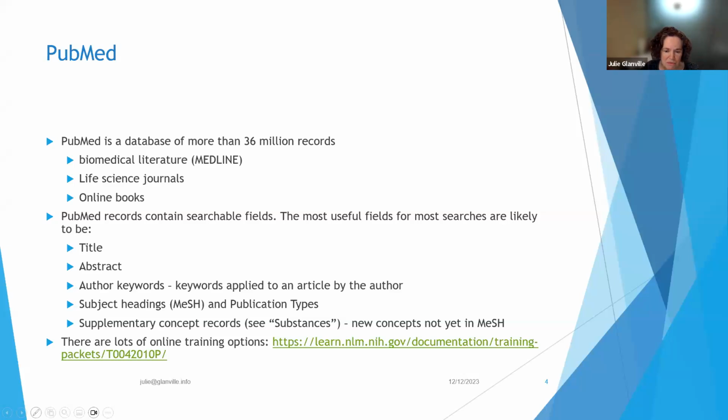The most useful fields for most of us, particularly from the perspective of evidence synthesis, are the title and the abstract, the author keywords field, which is where keywords applied by authors to articles are recorded, subject headings, the MeSH headings, and publication types, but also the supplementary concept information, also known as substances, which contains information about substances, but also new concepts that are not yet in the main MeSH indexing.